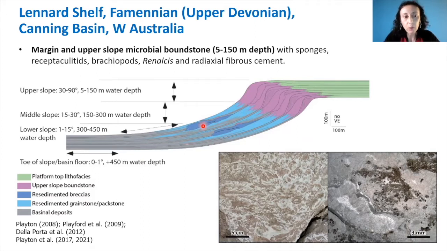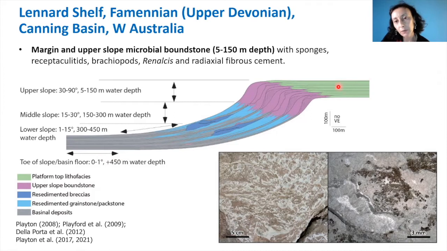In darker blue are reported beds of breccias that dominate in the lower part of the slope. In light blue, resedimented material of greenstone and packstone, and then in gray, fine-grained sediments that form the basinal strata or that might occur even on the slope.